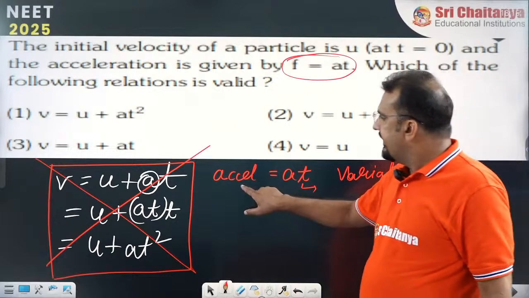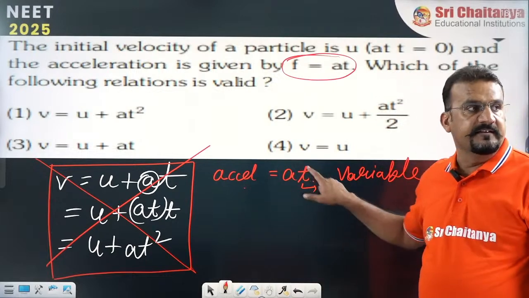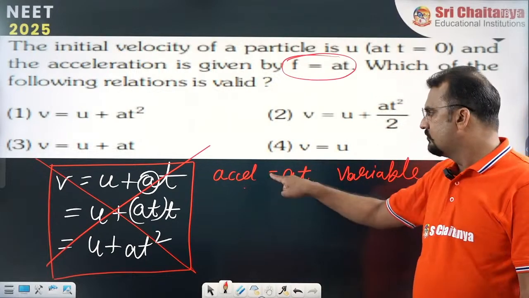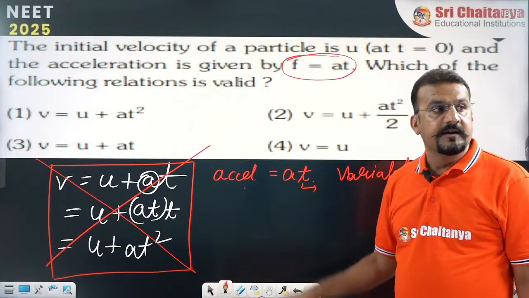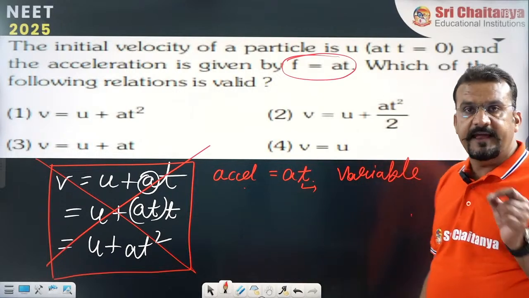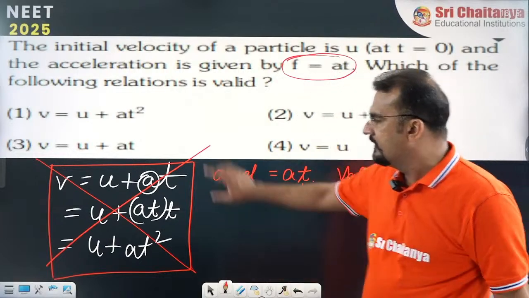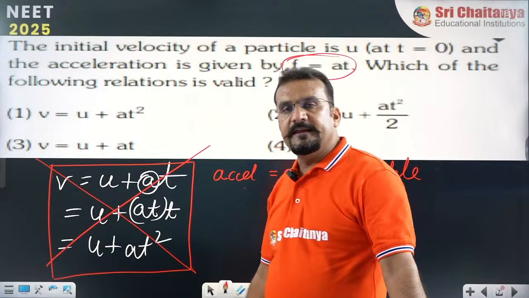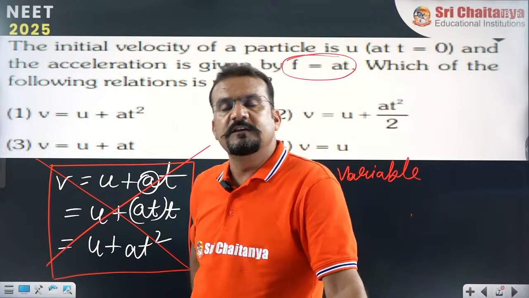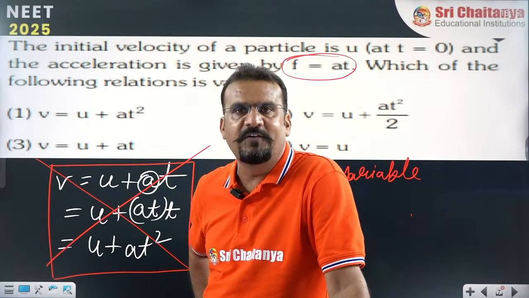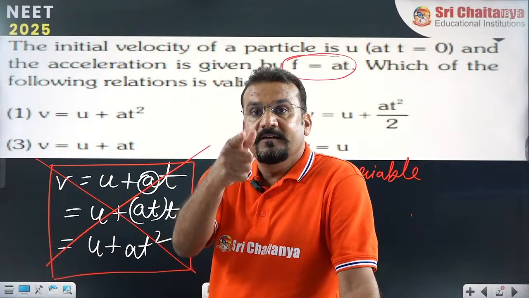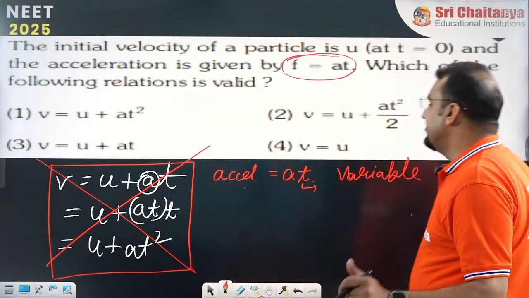At time t equal to 1 second it is a, at 2 seconds it is 2a, at 3 seconds it is 3a. That's why acceleration is variable. Whenever acceleration is variable, you can't apply the equations of motion, because the equations of motion are defined only for constant acceleration.